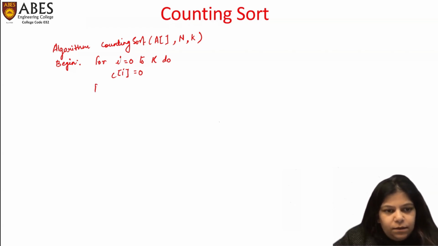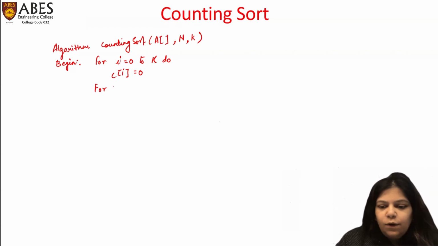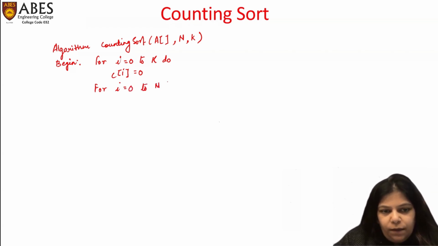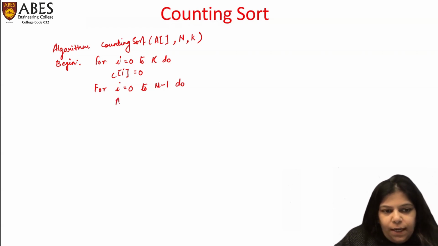The next task was to count the frequency of each element. In order to do this, we have to traverse the input array, which was stored from 0 to n minus 1. We have to check the element A[i] and make it the index of the counting array, and increment this value.